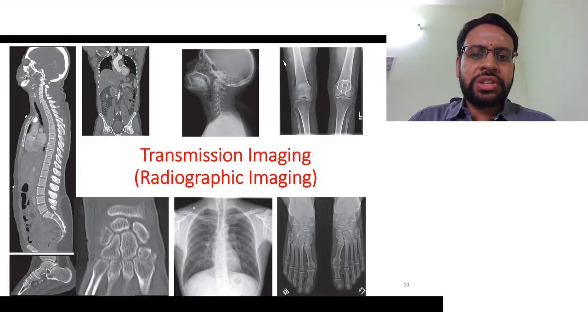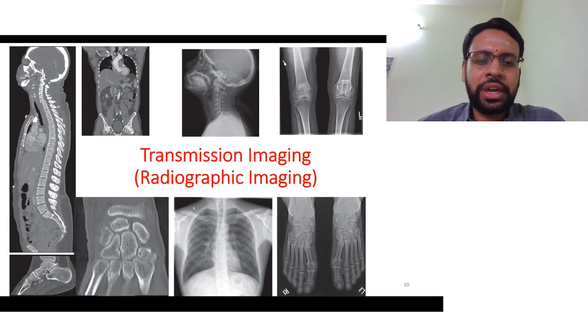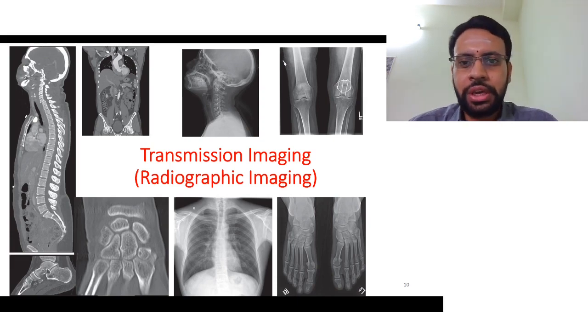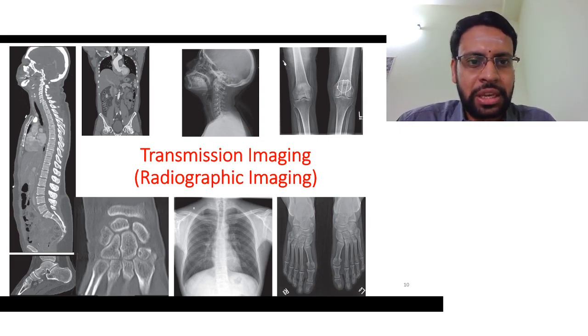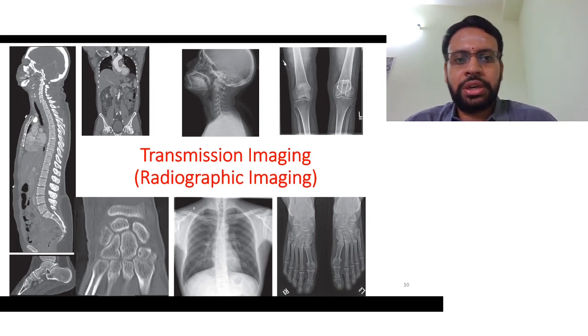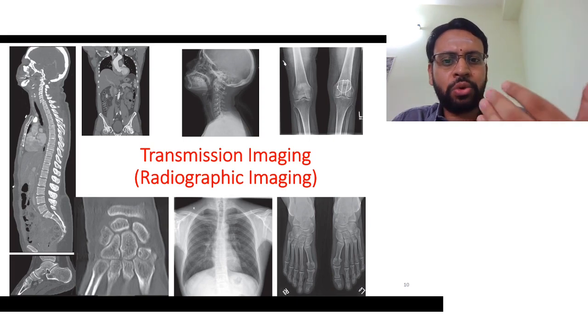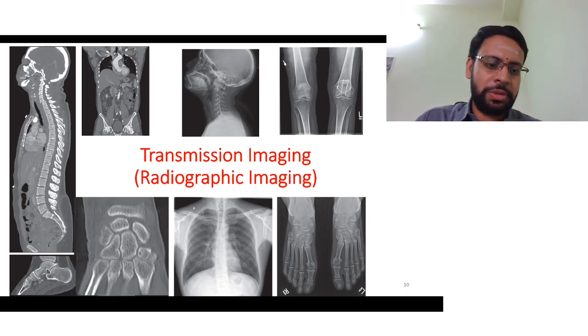Let us start with transmission imaging. As I mentioned, we refer to it as radiographic imaging as well. With at least some of these modalities, I'm sure most of you are familiar. For example, X-ray imaging is one of the initial and key imaging modalities that can be grouped under transmission imaging.